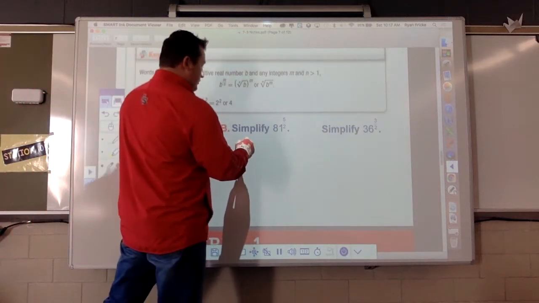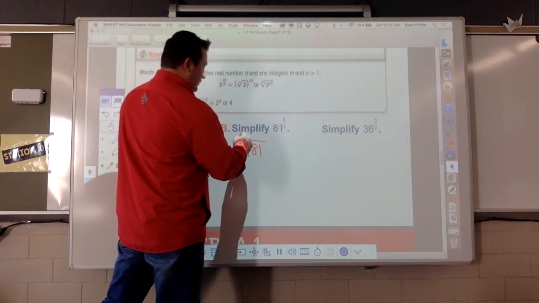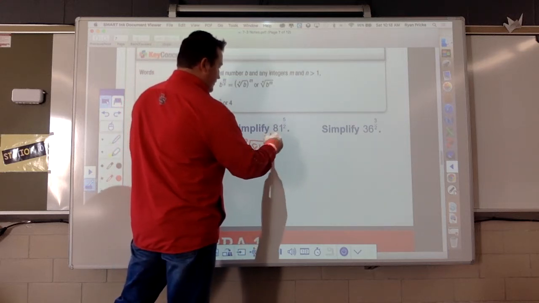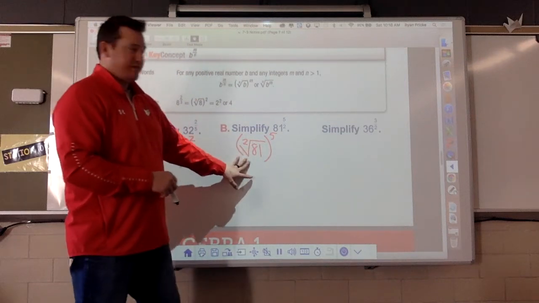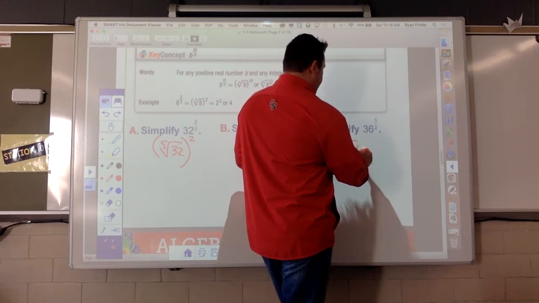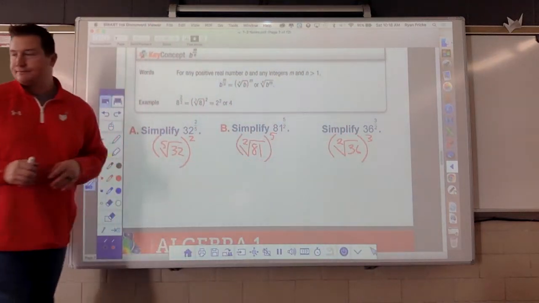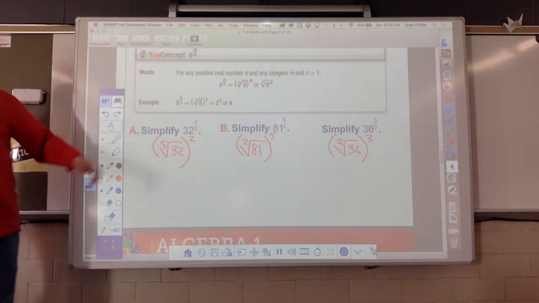This would be the 2nd root of 81, which is just the square root, guys, and then raised to the 5th power. This would also be the square root of 36, raised to the 3rd power. So if we were going to rewrite those, that's how that would work.